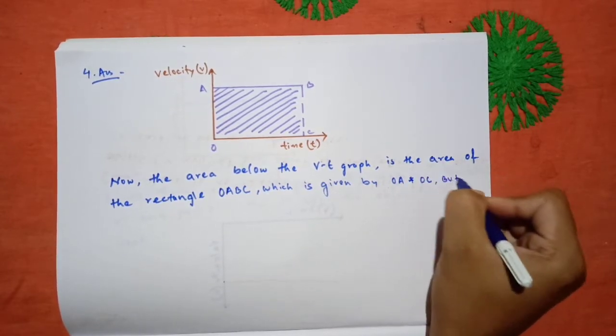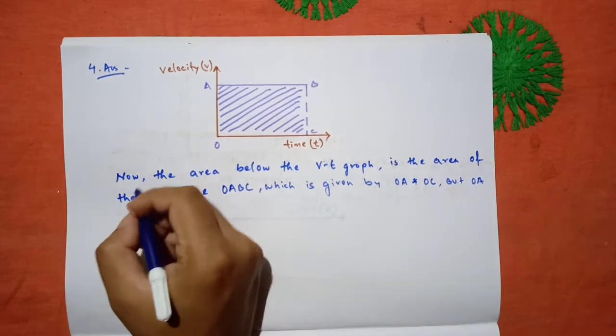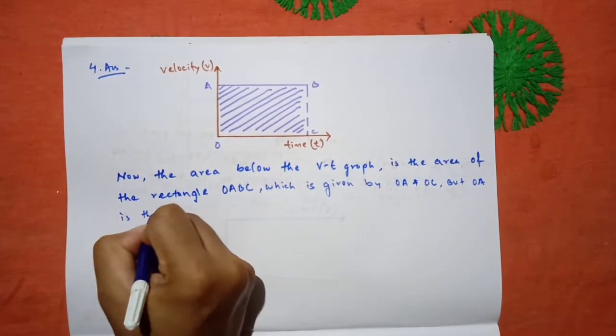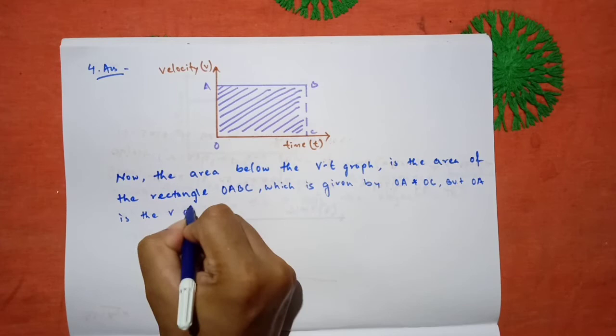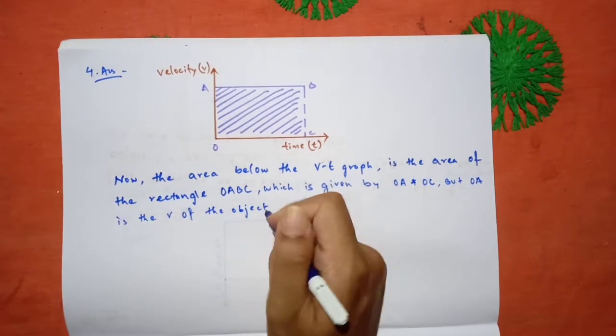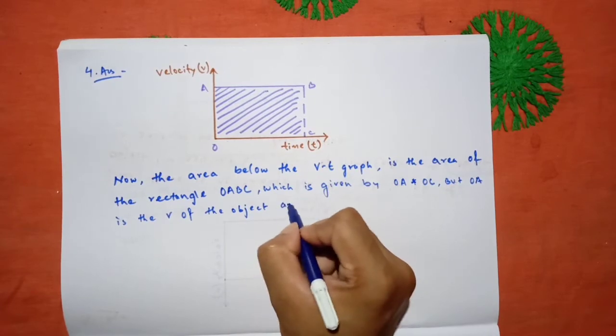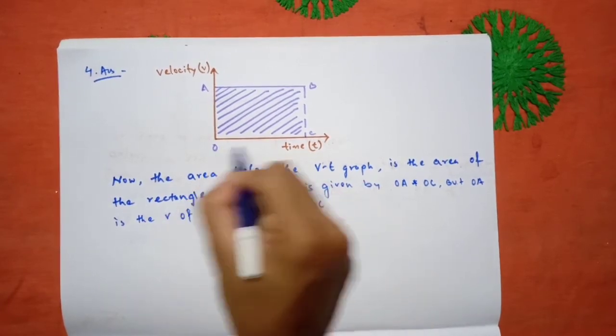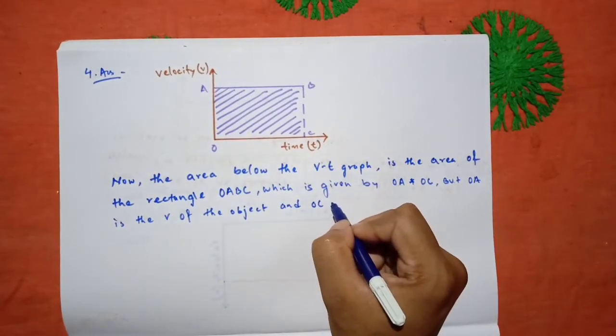But here OA is the velocity of the object, and OC represents time.